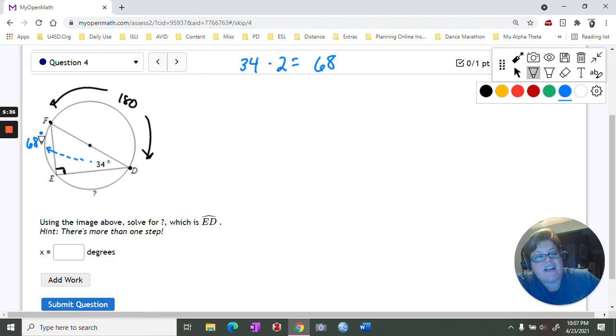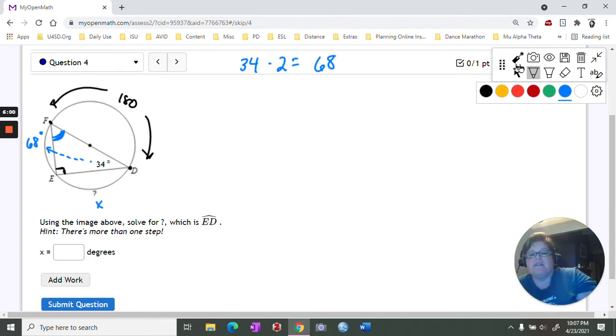And I can take 180 minus 68 to find this. Or I can take 90 and 34 and subtract that from 180 to get this angle here, and then if I double that angle, it gives me this. So I have two different options here.